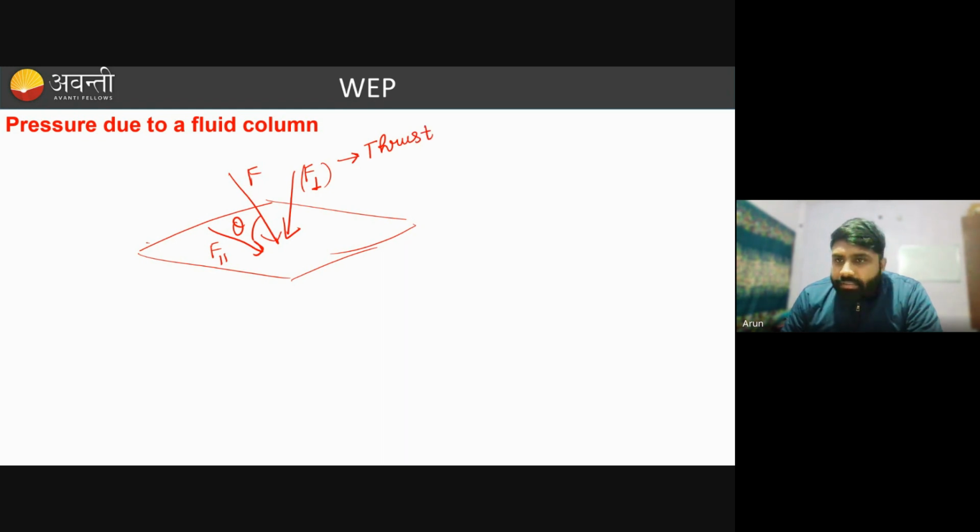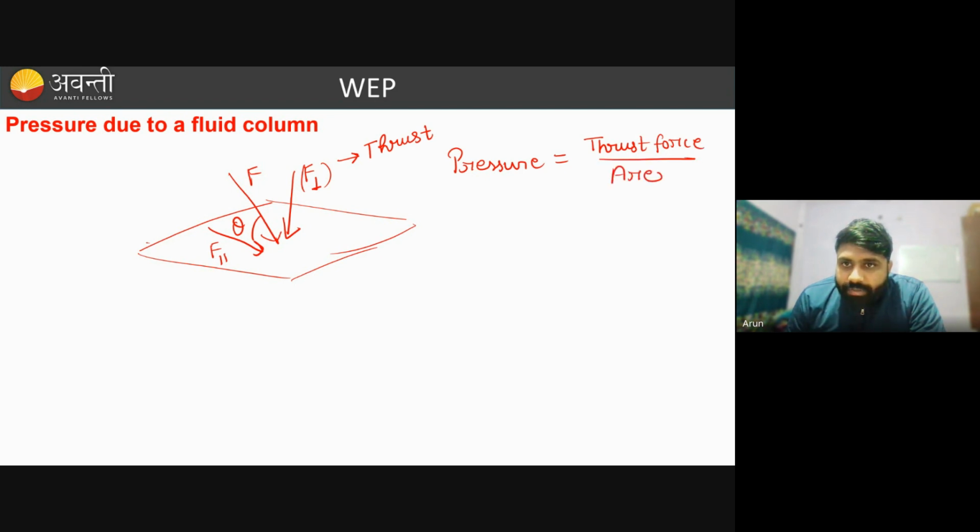Got it? Now pressure is equal to the thrust force divided by the area, that is, thrust force per unit area perpendicular to it.